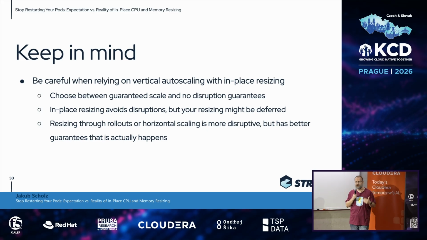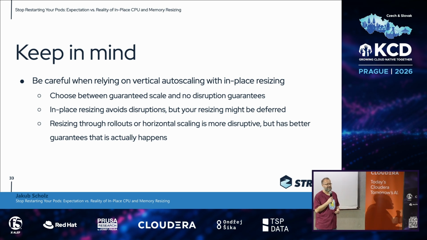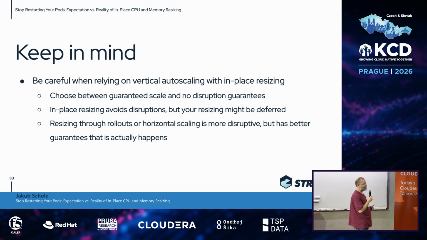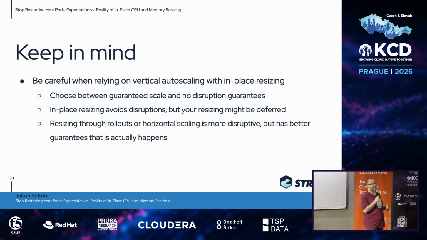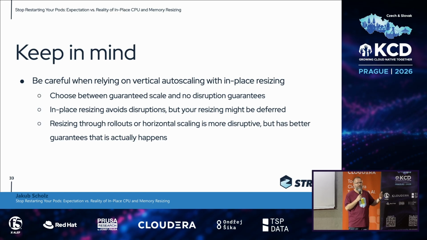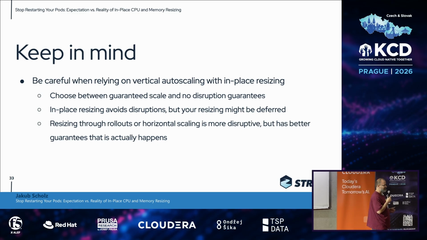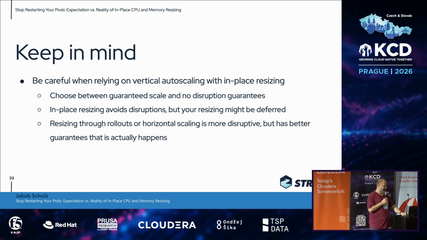So if you really need the performance from your application, maybe it's better to just change the deployment or scale horizontally or use the vertical autoscaling, but without the in-place pod resizing, because then you know the pods will roll, they will be scheduled on a node which has capacity, and they will have the capacity then. They won't be sitting there as a deferred resizing.